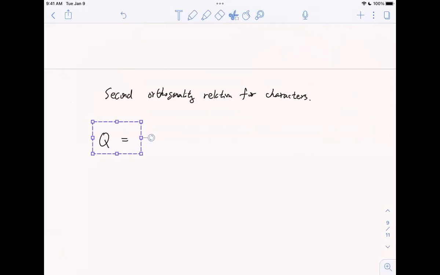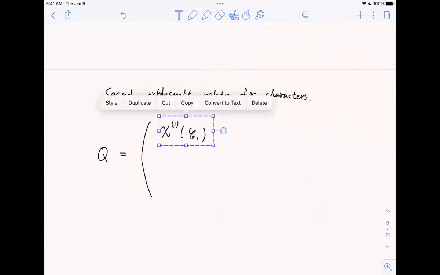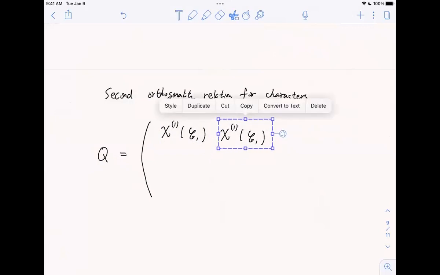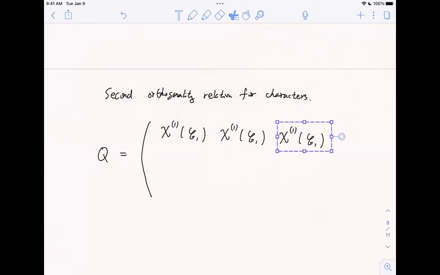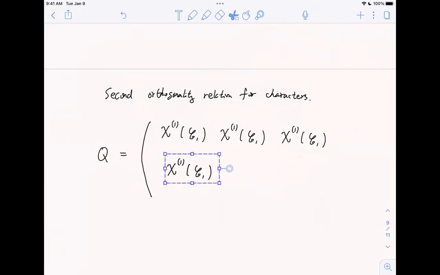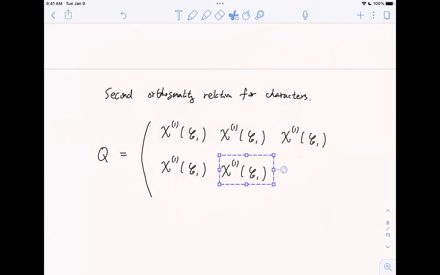Okay, so now let's define a function, a matrix called Q. Let's define this. We're going to define it like this. 1, and then this will be class 1. Let me just copy and paste. Okay, I'm going to change this.